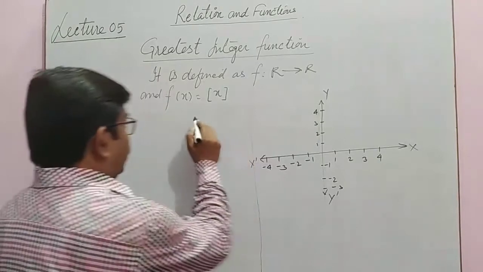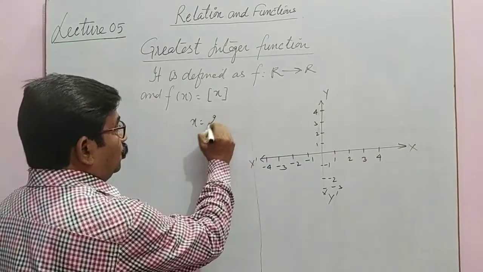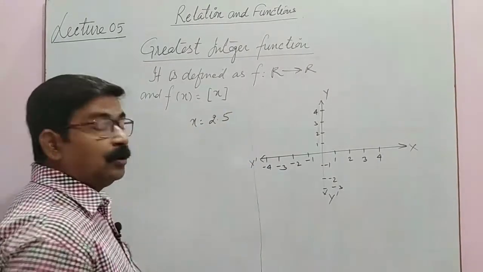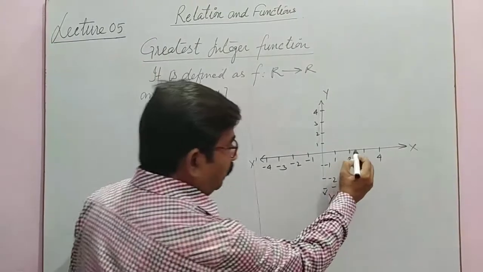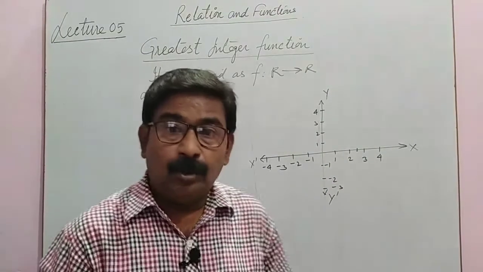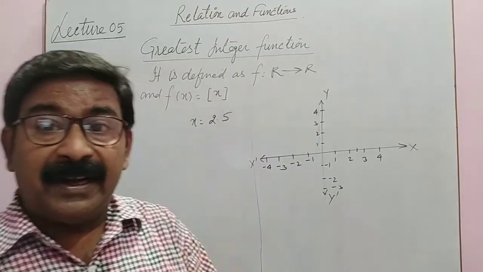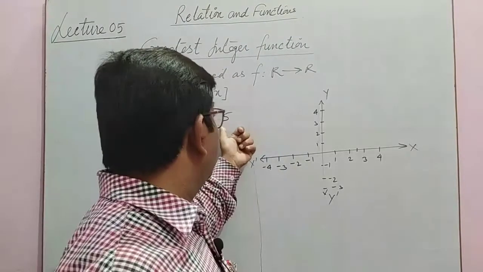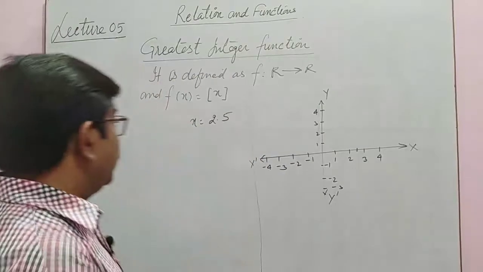Suppose we are given x is equal to 2.5. 2.5 is here between 2 and 3. So what is the greatest integer for the value 2.5?